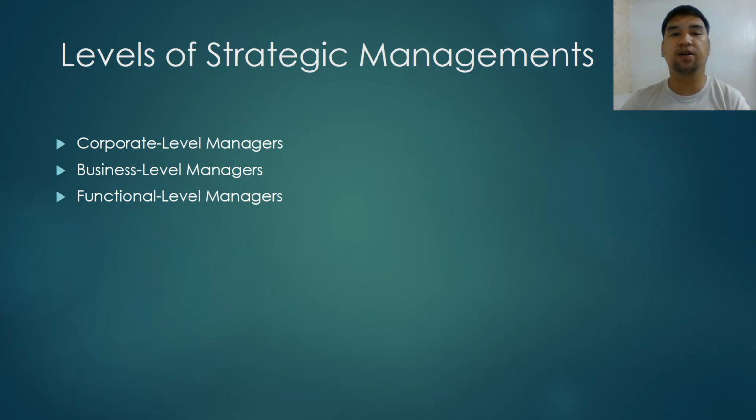Business level managers: a business unit is a self-contained division with its own functions, for example finance, purchasing, production, and marketing departments, that provides a product or service for a particular market. It is headed by the head of the department or division. Functional level managers are responsible for specific business functions or operations found within a company or one of its divisions. Their responsibility is confined to one organizational activity.